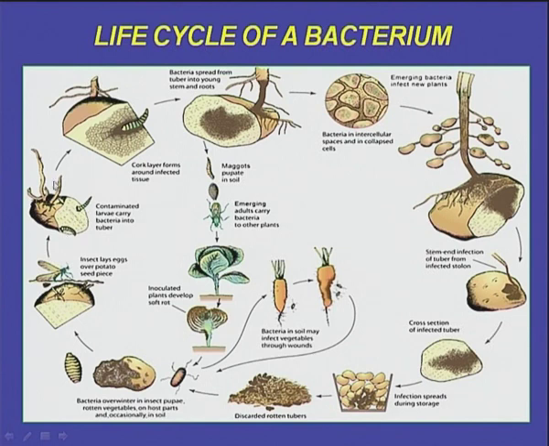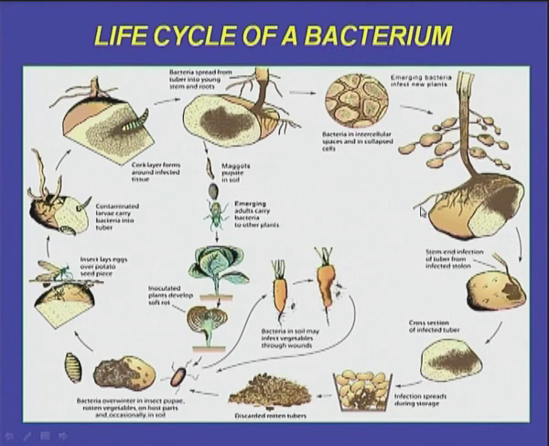These are the bacteria, and again the cork layer forms around the infected tissues. You see here, this is the pupae in which the bacteria is there, and the corky type of structures seen here are caused by the bacterial infection, and then the bacteria is spread from the tuber into the young stem and the roots, and likewise the bacteria in intercellular sacs collapse the cell.